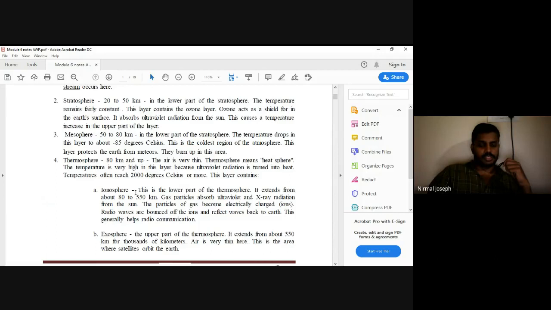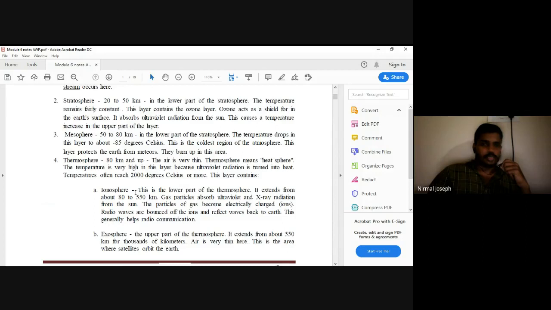So, in this region, from 80 to 550 kilometers, the gas particles or atomic particles absorb ultraviolet and X-ray radiation from the sun. Okay, so they become electrically charged. That means they become ions. They lose one or two electrons and become ions.